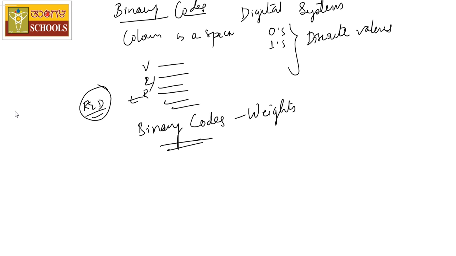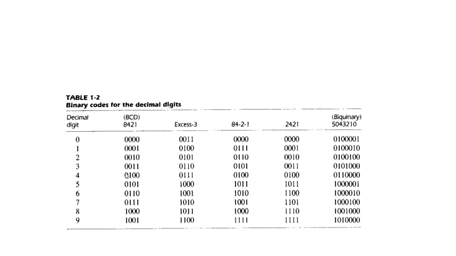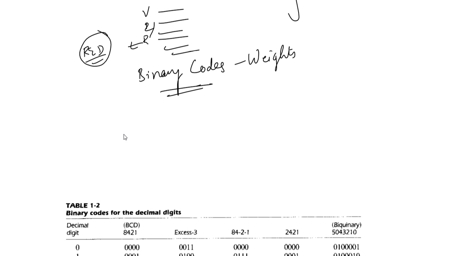If you want to represent any four discrete quantities, how many bits are needed? I want to represent four different discrete values. The total number of bits needed is given by the formula 2 to the power n.